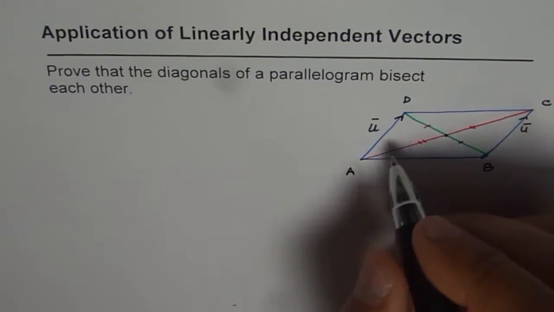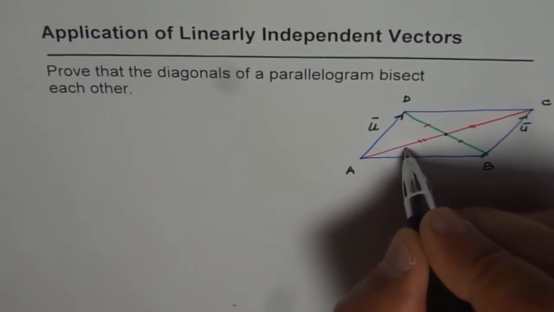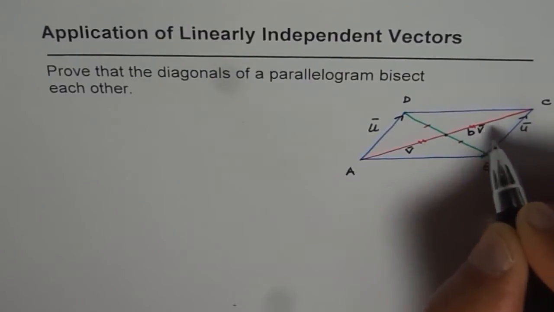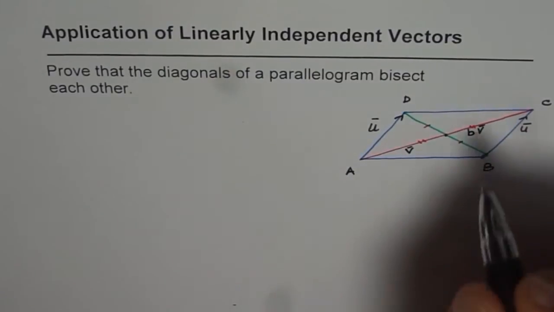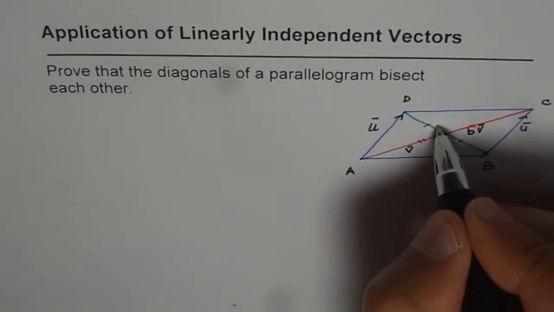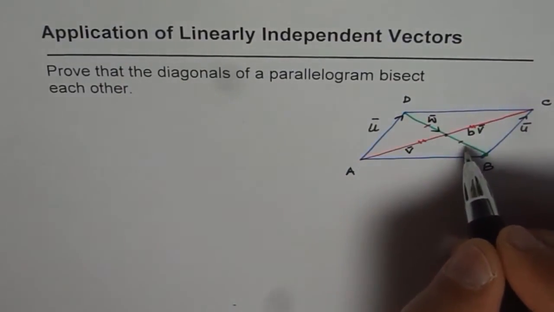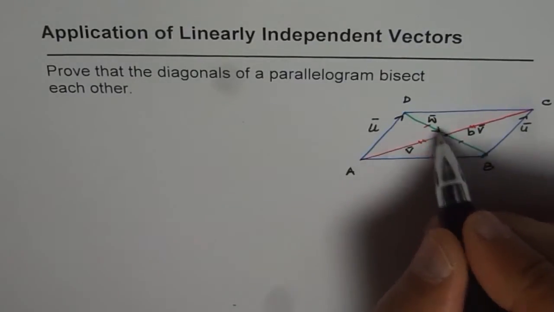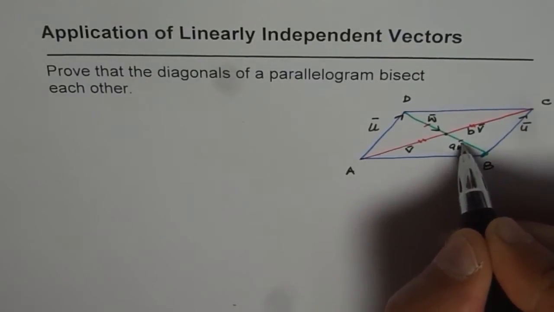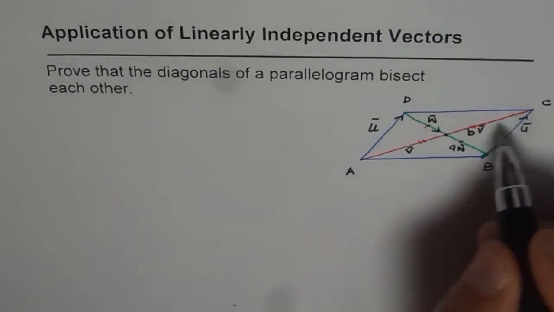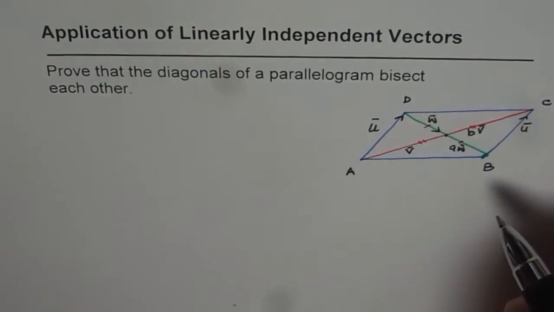So let's say this value is V, then the other will be B times V, right? And let us say this side is vector W. Then the other should be A times W. Scalar multiple, since they are indeed parallel, right? So they are along the same line. So that is how it should be.